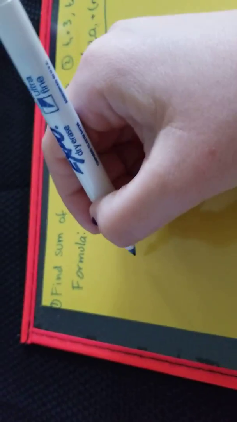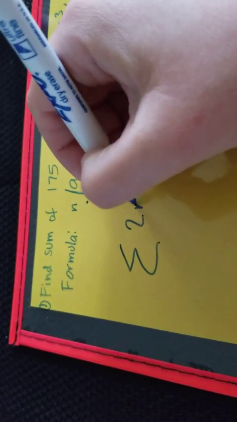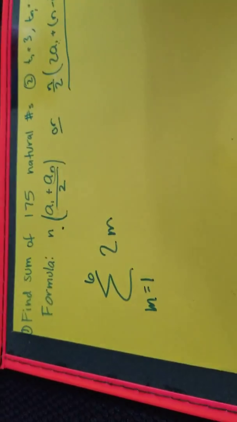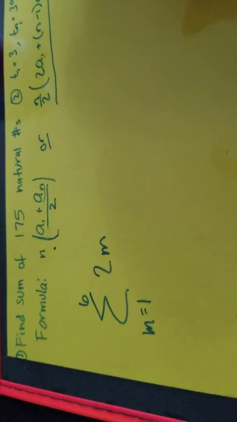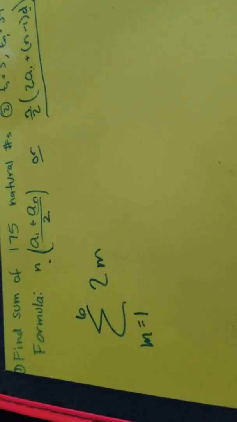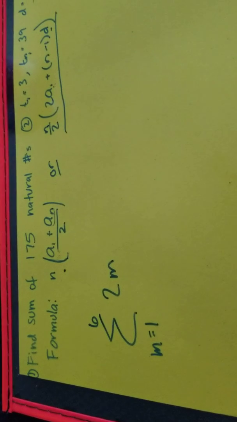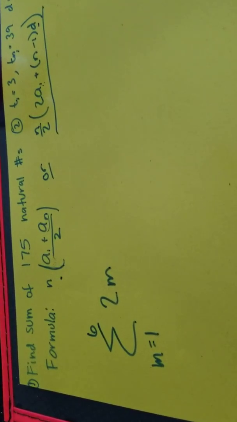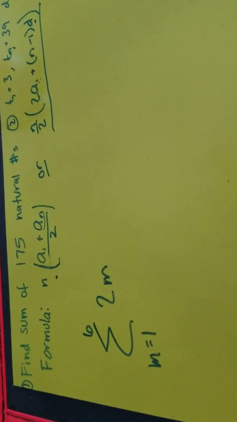Okay, and then the last one is they give you something like this. So this part is the exact same thing that you guys did last time, not the arithmetic sequence, the other worksheets. I forgot what exactly was on them.